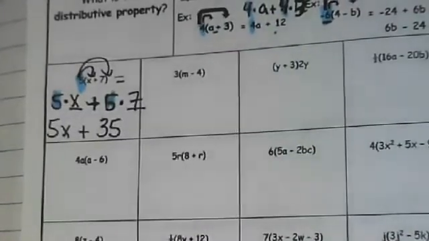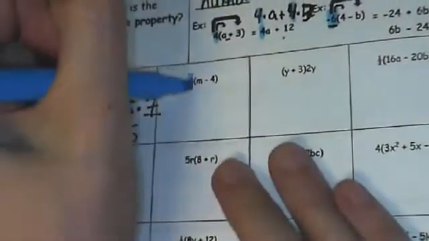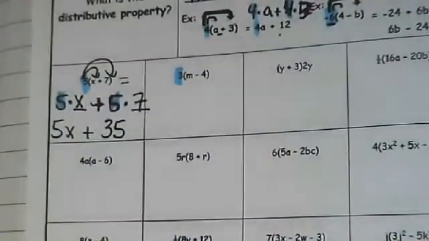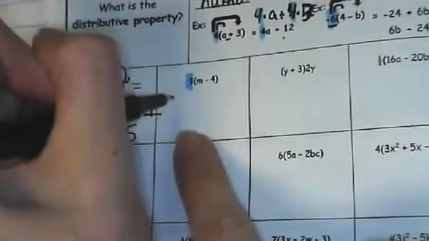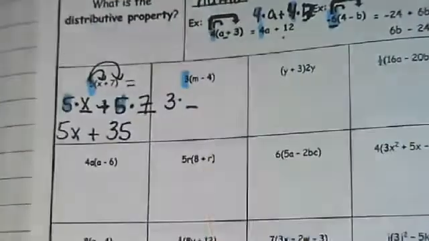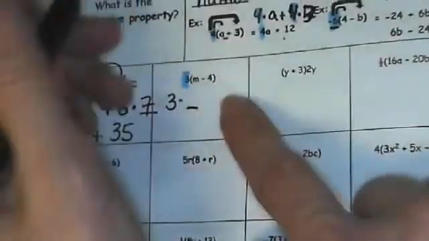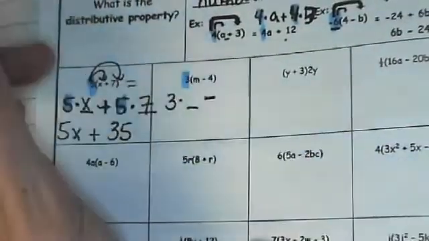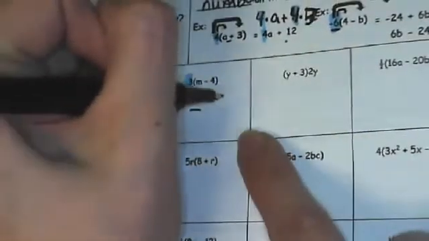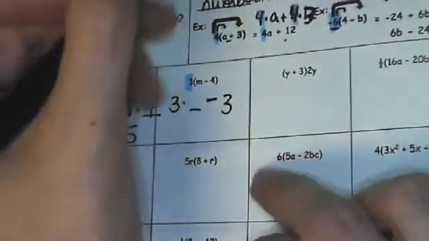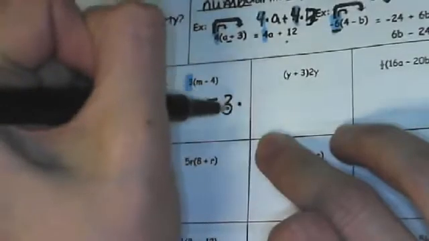So 3 is outside of the parentheses. So that means I'm going to write 3 times whatever terms are inside. Here's my minus sign. Bring my minus sign out. And I'm going to multiply 3 again times whatever is inside the parentheses.